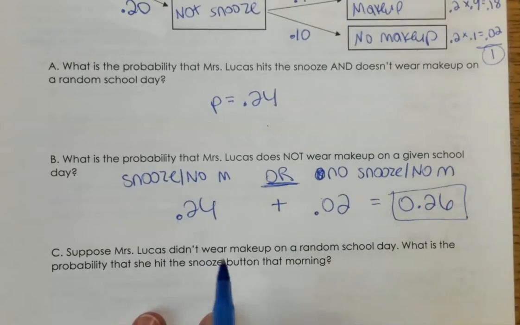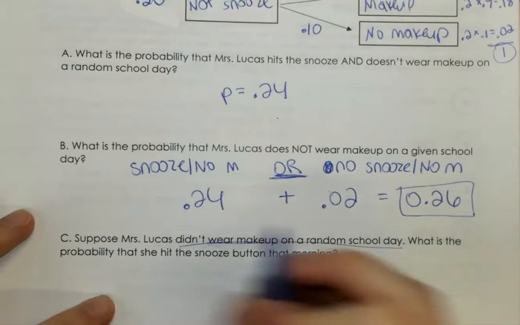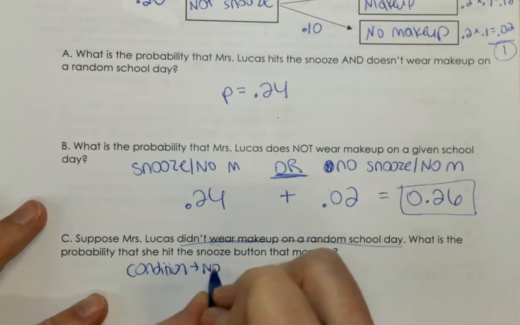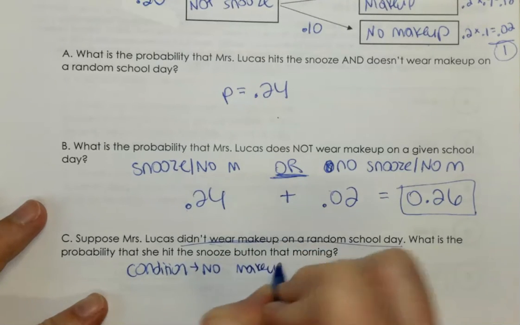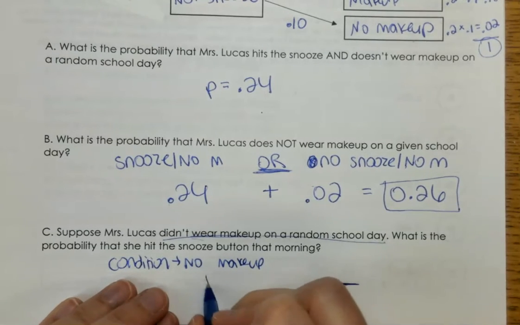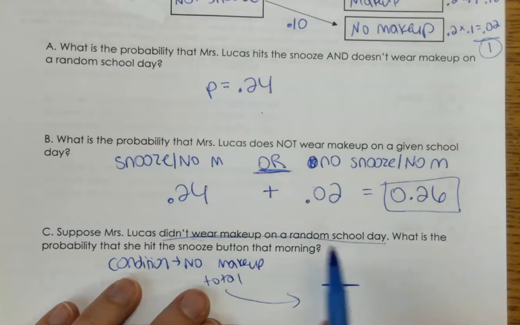Suppose Mrs. Lucas didn't wear makeup on a random school day. What is the probability that she hit the snooze button that morning? So we're going to say that's my condition. No makeup. So my fraction that I set up should have my no makeup total as the denominator, which we actually already calculated, right?